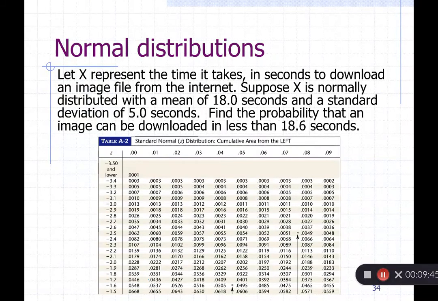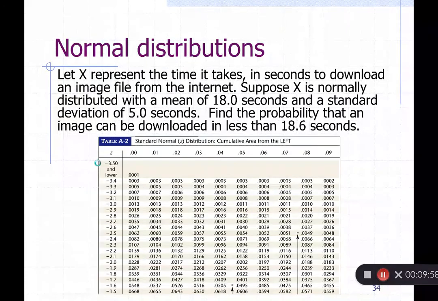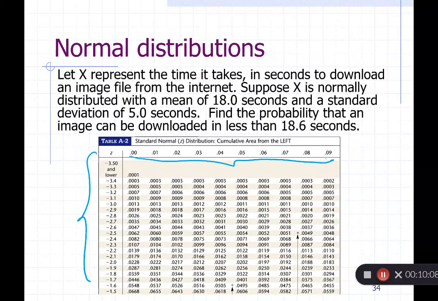Okay. Now, if we're using the standard normal distribution of the z-score table, it looks something like this. There's different variations, but it looks something like this. Now, on the column to the left, this is the first decimal place of the z-score, and on the row on top, this is the second decimal place of the z-score. So this is for negative z-scores. We would have to go to the portion of the table that contains the positive z-scores. This is not the whole table.